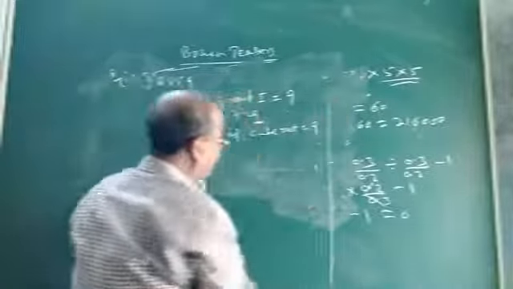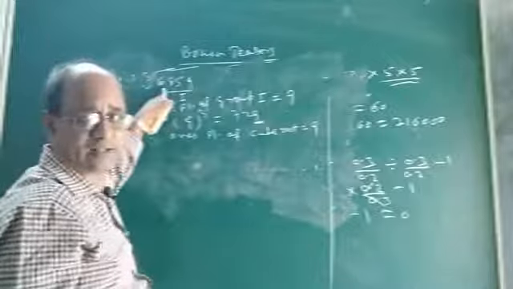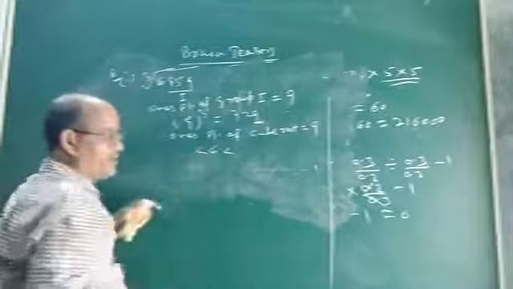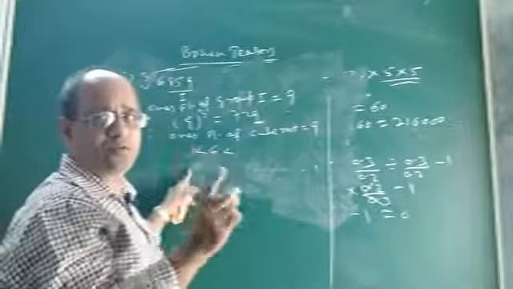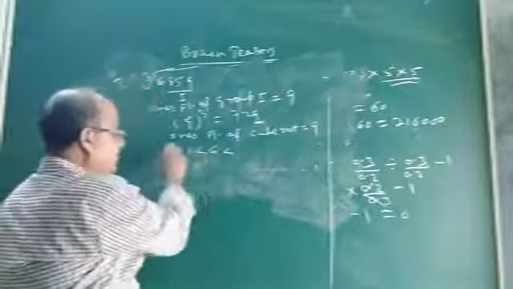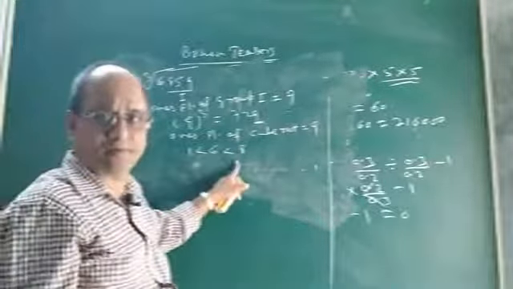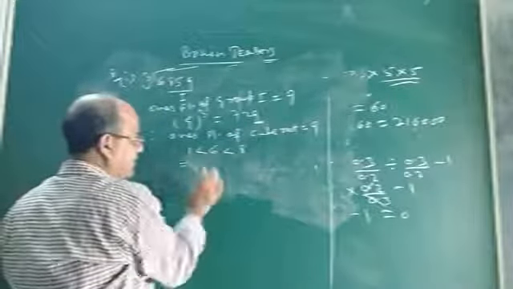Now, how to find the tens place? What is the next step? The next step is, look at this 6. 6 lies between which two nearest perfect cubes? It clearly lies between 1 and 8. 1 is a perfect cube, 8 is also a perfect cube. 6 is less than 8 and greater than 1.